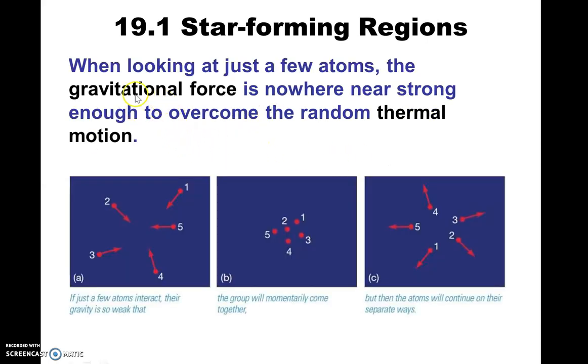All right, so here's a region. Let's say we start off with just a few atoms. Given the spacing of atoms in space, in between the stars, there's really not enough gravity. Gravity turns out to be the weakest of all the forces, and if these atoms are charged, then electrical and magnetic forces are overwhelming.